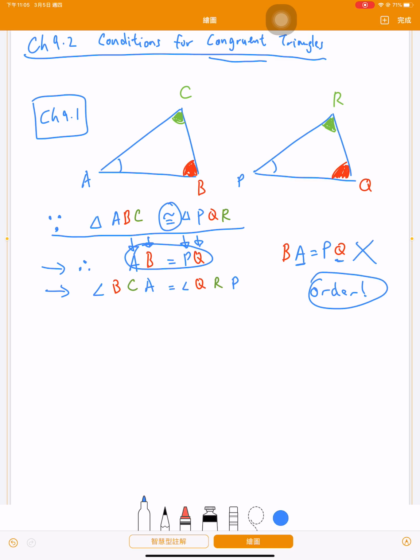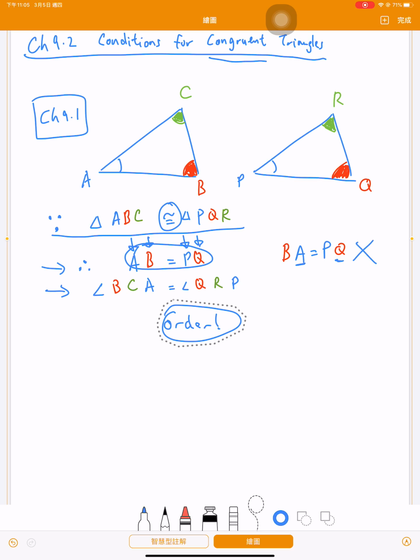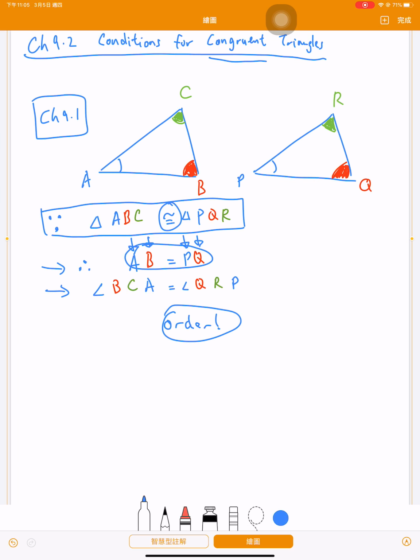What should we learn in this chapter 9.2? That is, we learn it the other way around. Last time we had these congruent triangles, and then we could have this condition, right?